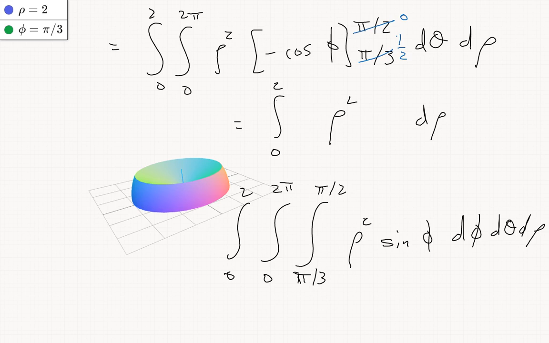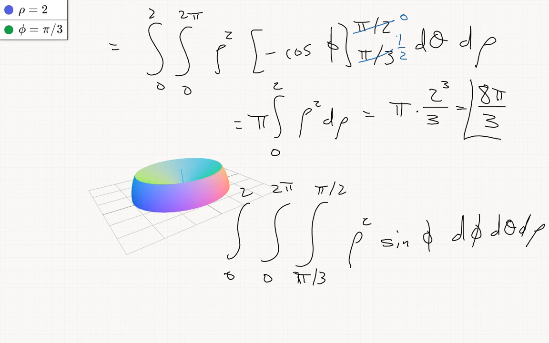So this will be just pi times the integral of rho squared d rho from 0 to 2, and so of course that is pi times 2 cubed over 3, which is 8 pi over 3.